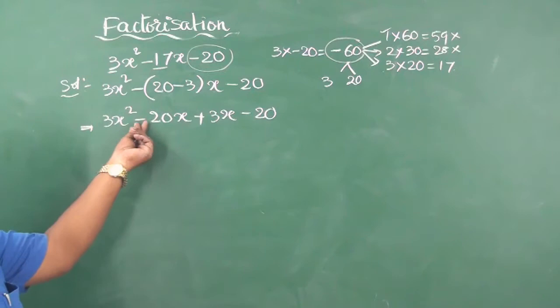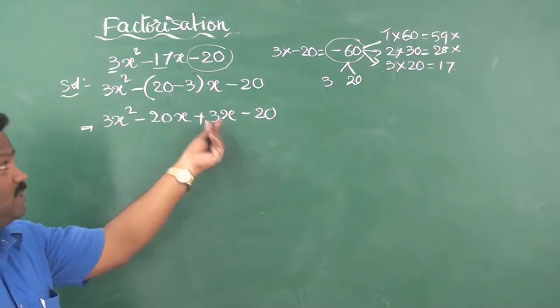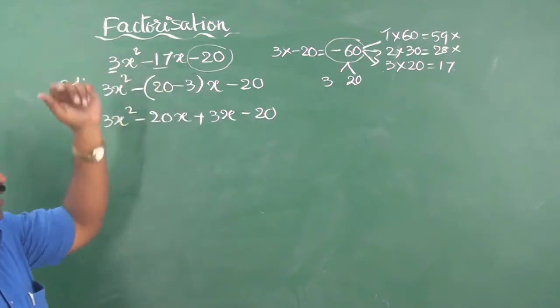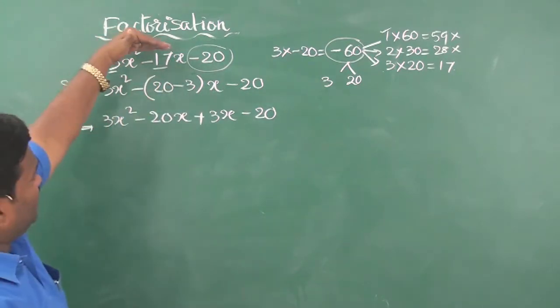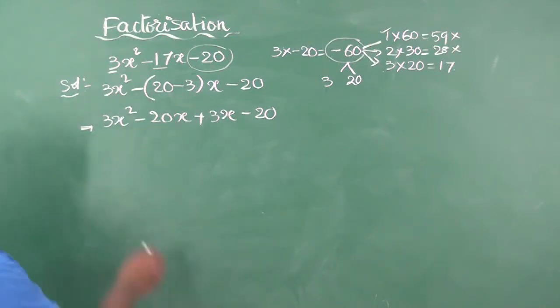See here, minus 20x plus 3x is equal to minus 17x. Therefore, minus 17x we can split as minus 20x plus 3x.